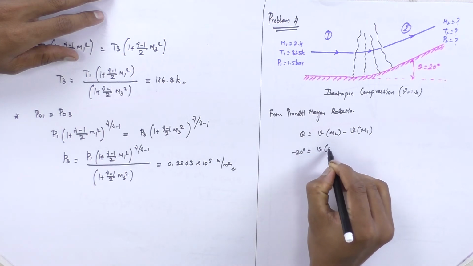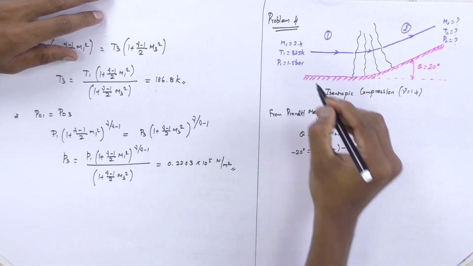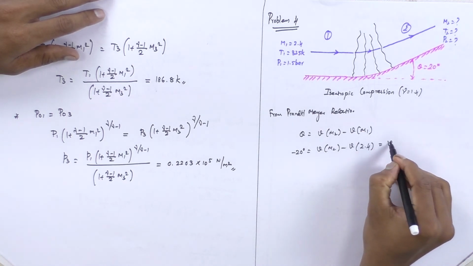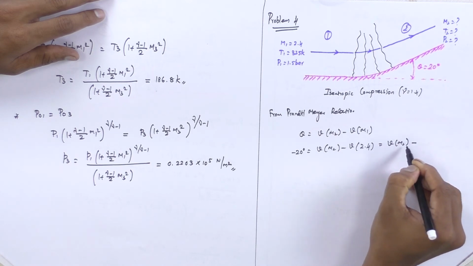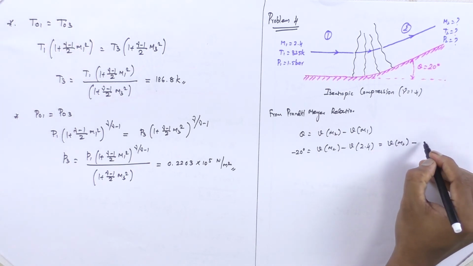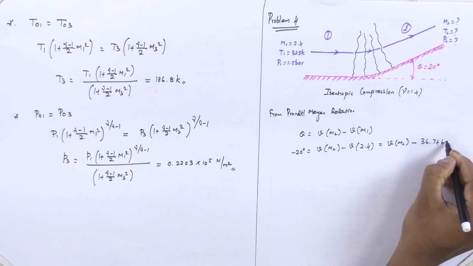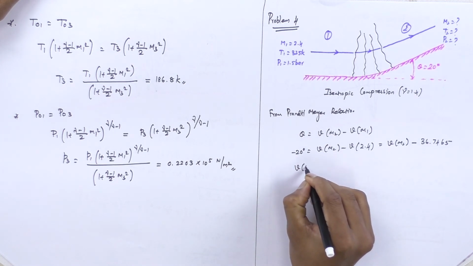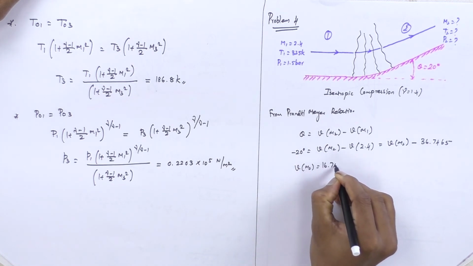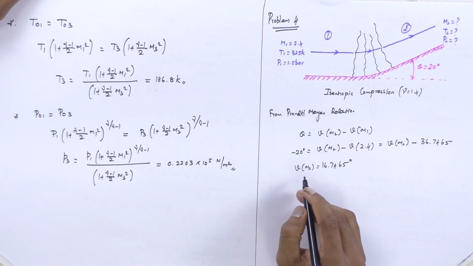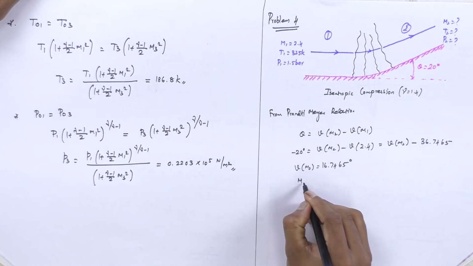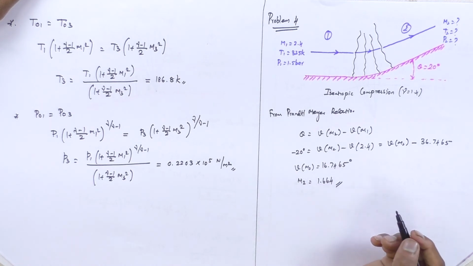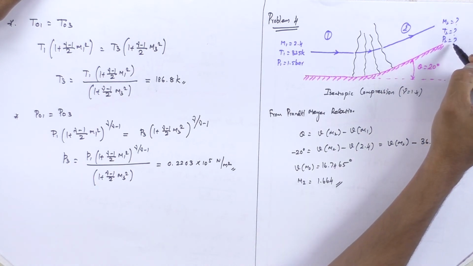This will be equal to V of M2 minus V of M1, that is 2.4. From the gas table, we get V of M2 as 36.7465. After interchanging we get V of M2 as 16.7465 degrees. Then from the gas tables, we get M2 as 1.664 Mach number.